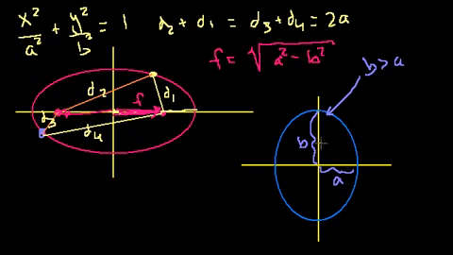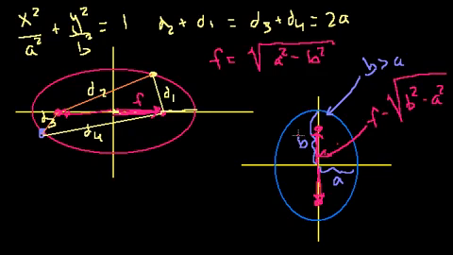The foci are always going to lie along the major axis, and in this case the major axis is the vertical axis. So the foci are going to sit here and here, vertically down from the origin and vertically up from the origin. And instead of a squared minus b squared, since b is larger than a, the focal length is going to be the square root of b squared minus a squared. Fair enough.